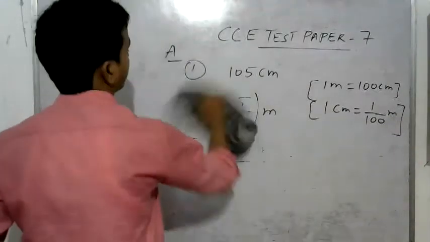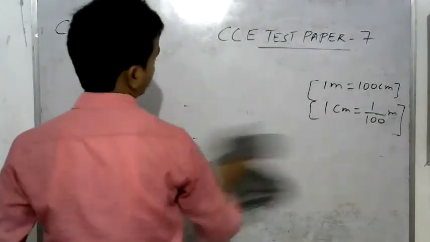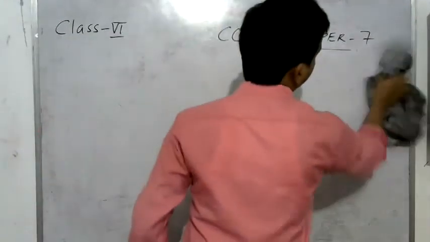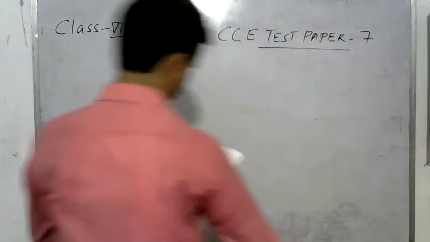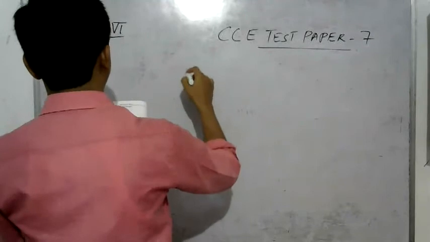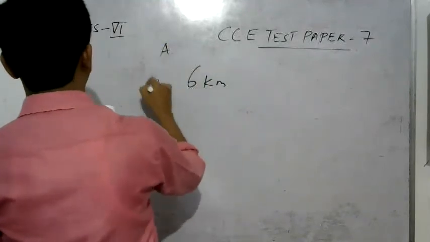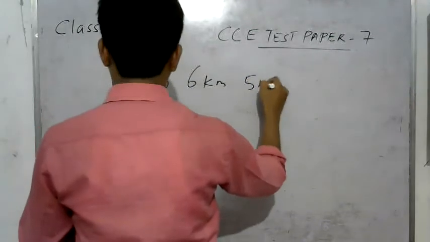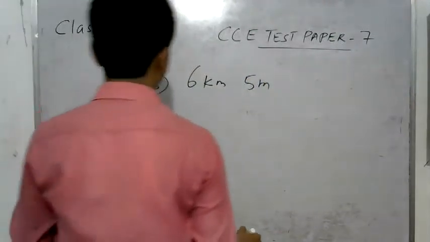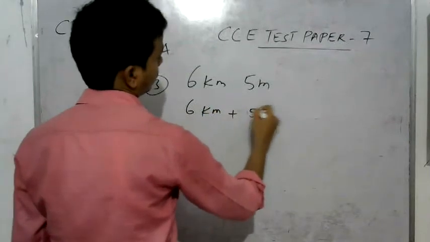Now let's see another problem. Question number 3. Express 6 kilometer and 5 meter as kilometer using decimal. So we know that this is 6 kilometer plus 5 meter.